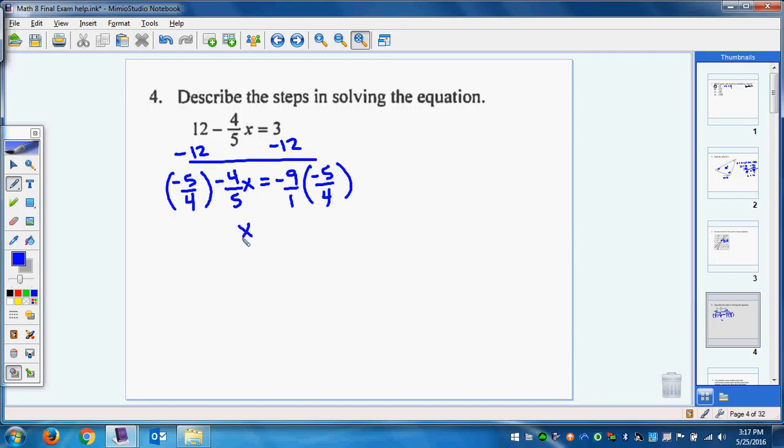So that's going to give me x is equal to, on the right side here, and negative times a negative is a positive, so I've got 45 over 4. Now, if it didn't want an improper fraction answer, you could always change it to a mixed number. But again, it's describing the steps. So you would say subtract 12 on both sides, multiply both sides by the reciprocal, which is negative 5 over 4.